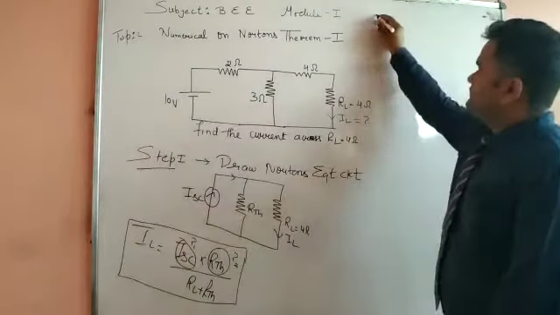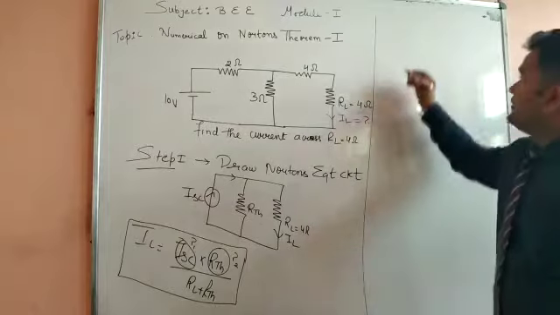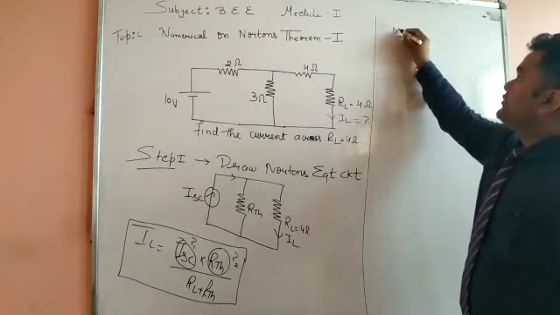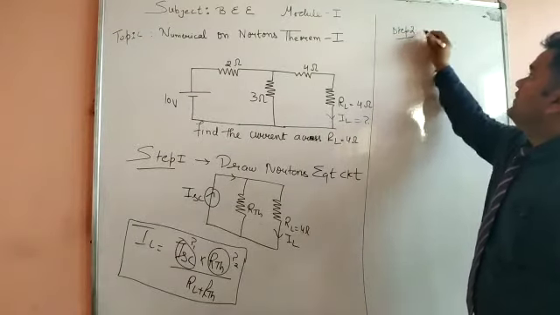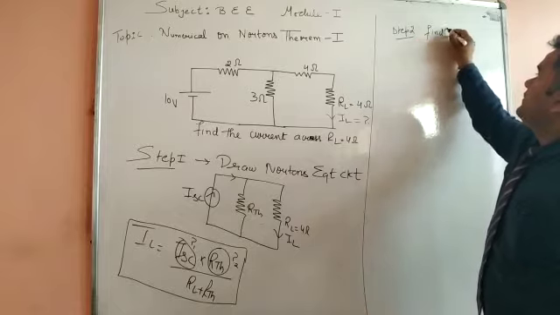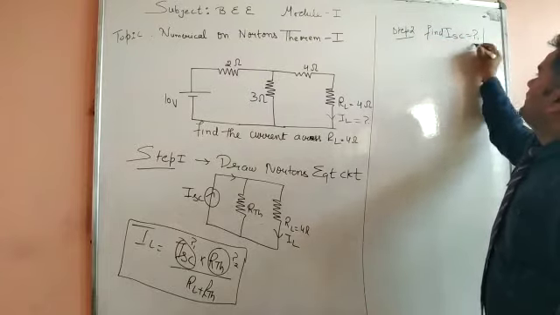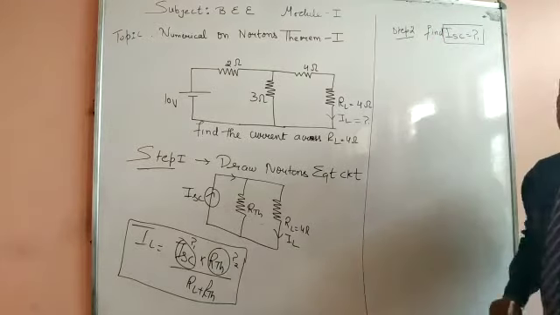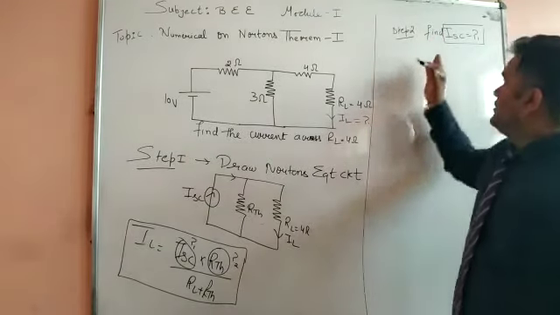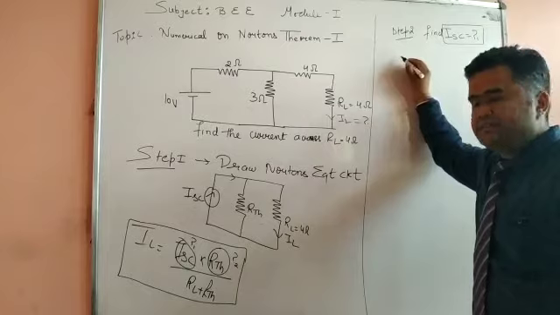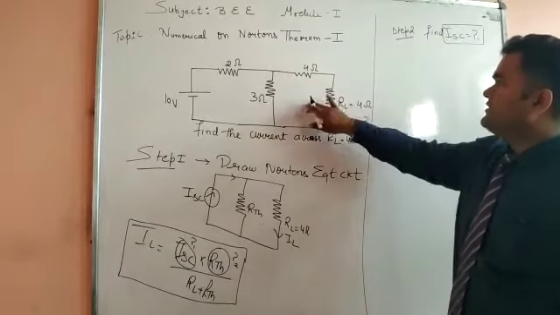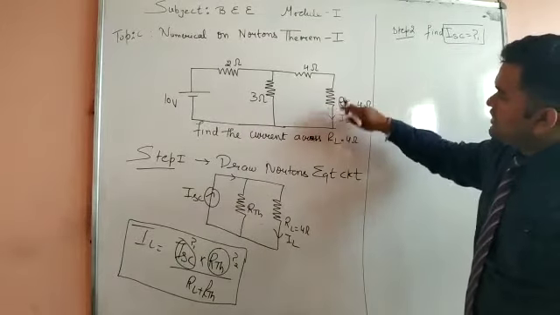Now, step 2, find ISC, that is question mark number 1. That is the short circuit current. Now, how to find the short circuit current? In the given circuit, short the load.